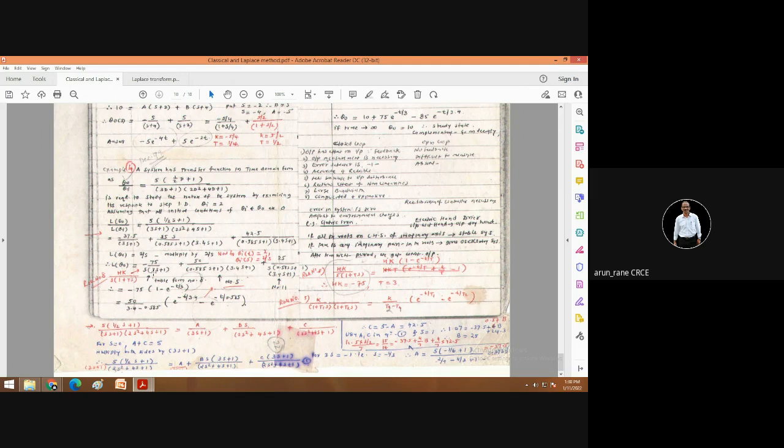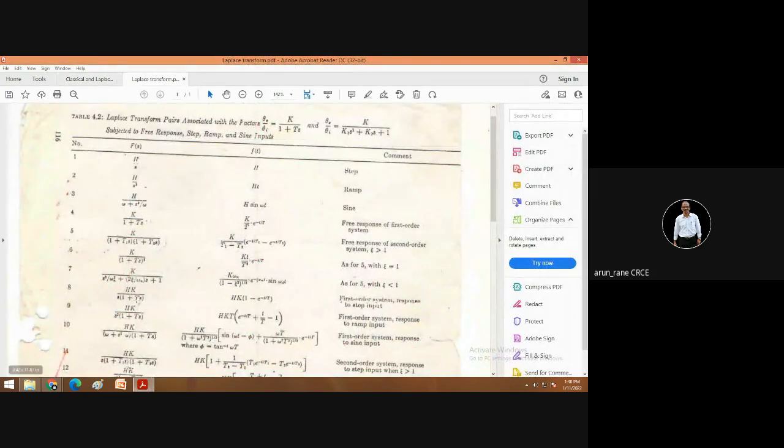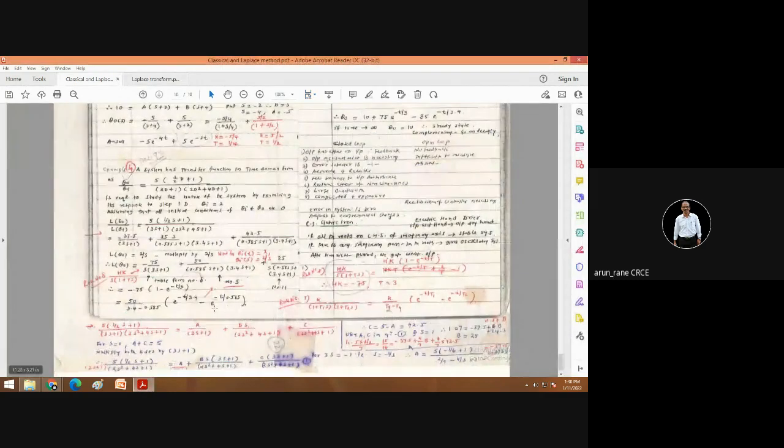So this is rule number 8. Look at rule number 8, this is K upon S into 1 plus TS. Similarly you have to compare this, and you have to compare this.